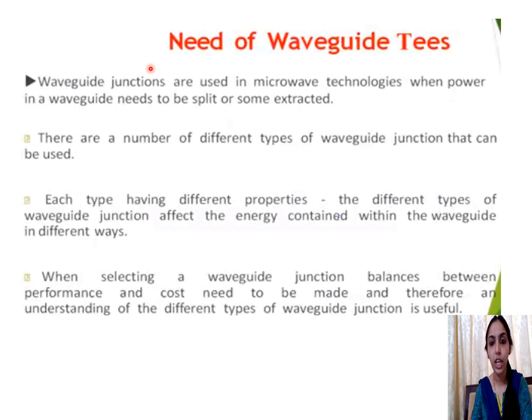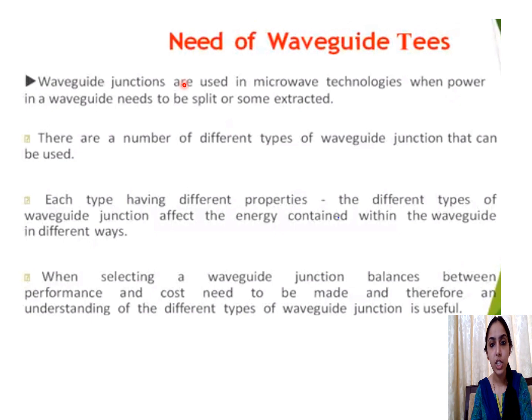In the first section we have stated some examples of waveguide Ts. So first of all we will now understand what you mean by a waveguide T, or what is the need of a waveguide T in microwave technologies, and then we will go on to study its examples and properties.